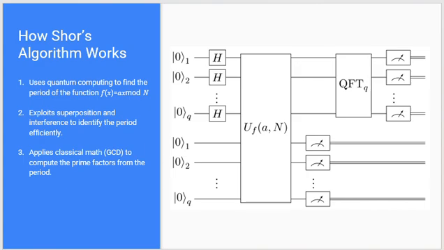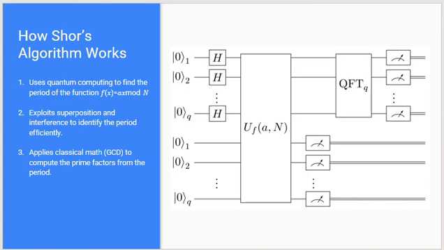First of all, it picks a random number, a number that is not a factor of the big number we want to break. Next, find the pattern with a quantum computer. This is the magic part. This is what the quantum computer does, which helps us break really big numbers into factors. The quantum computer uses its qubits to find the hidden pattern, called the period, in how these numbers repeat.